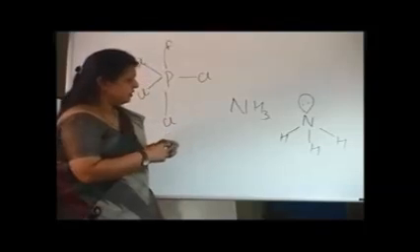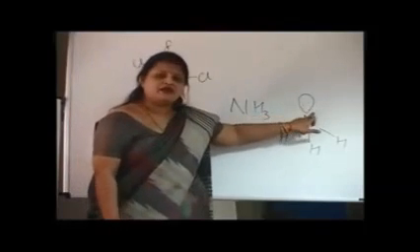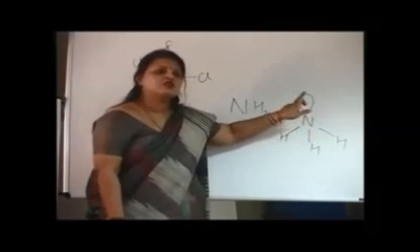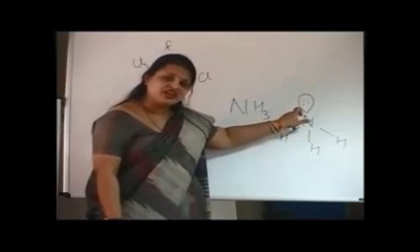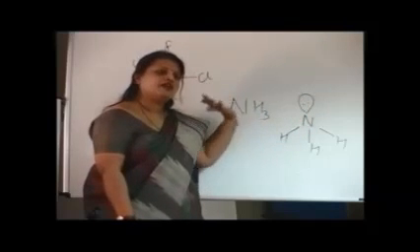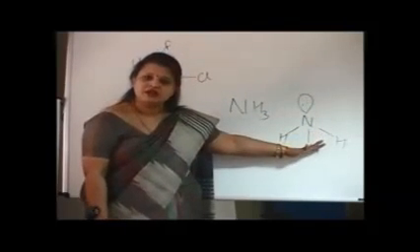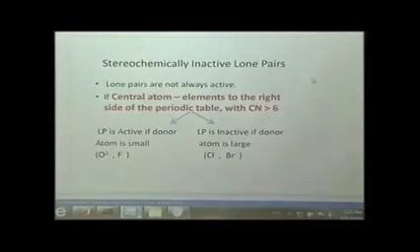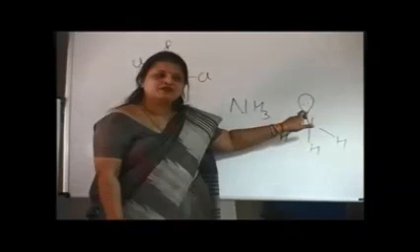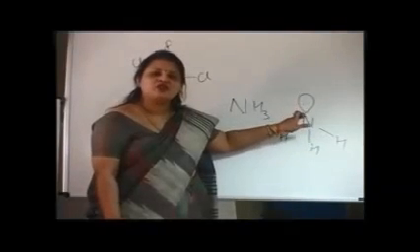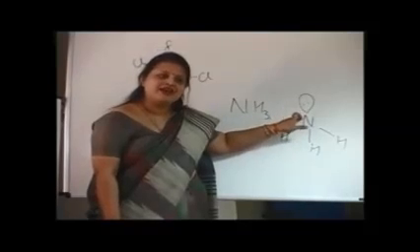Now, since in this example, this lone pair is responsible for changing the shape from tetrahedral to pyramidal, we call this lone pair to be active. This is an active lone pair.